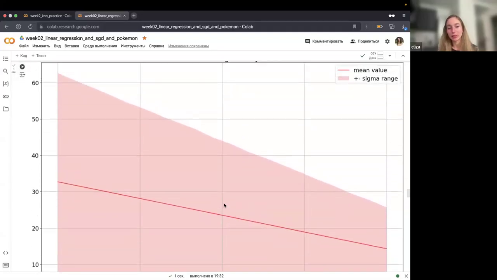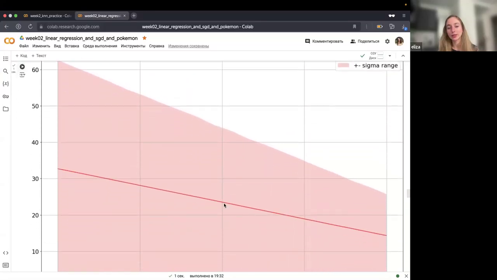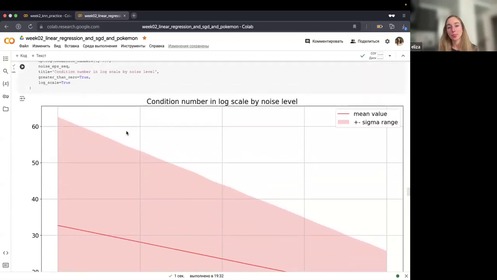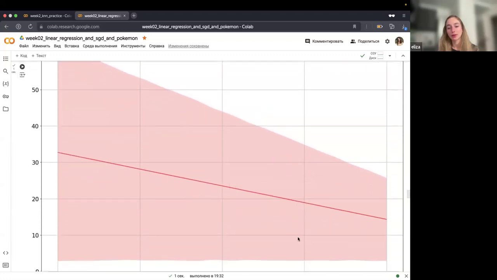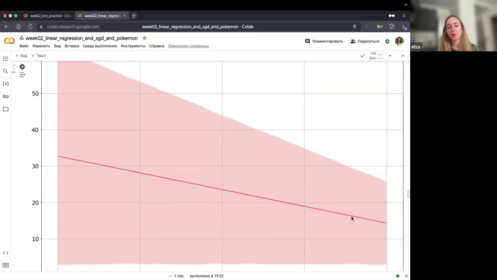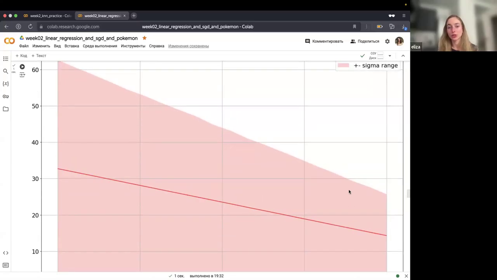You can see that if we add noise on every iteration, our condition number decreases. And when the condition number decreases, we understand that our model becomes more stable, because if you use the analytical solution, we discussed that collinearity of our features gives bad results.